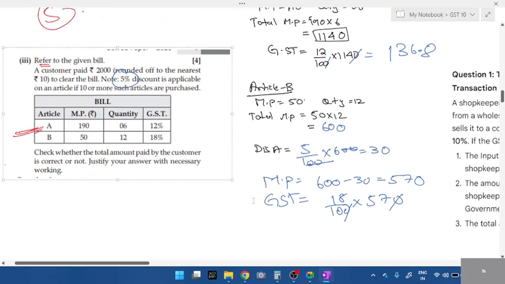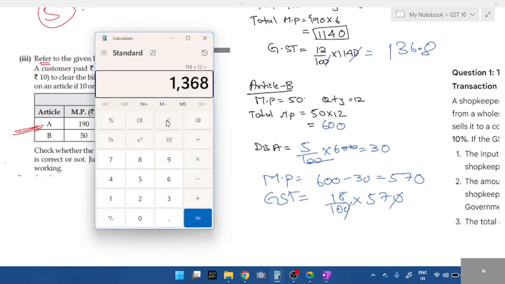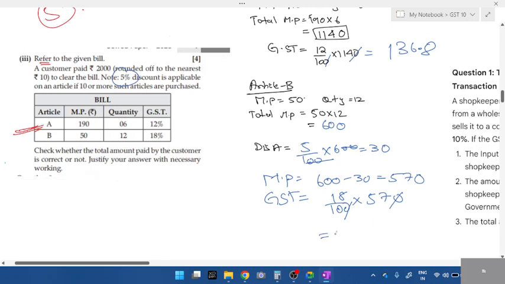All of you, 102.6. Multiply 18 into 57, students. 18 into 57 is 1026. 1026, if you use the shifting method, 102.6 rupees, 102.6. After this, what do we need to calculate? Yeah, total amount.